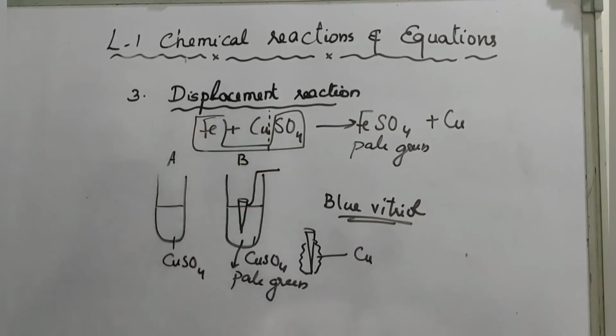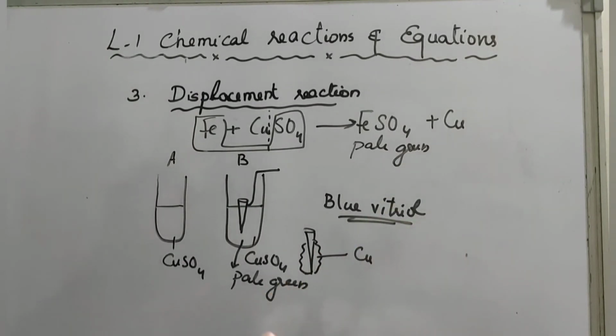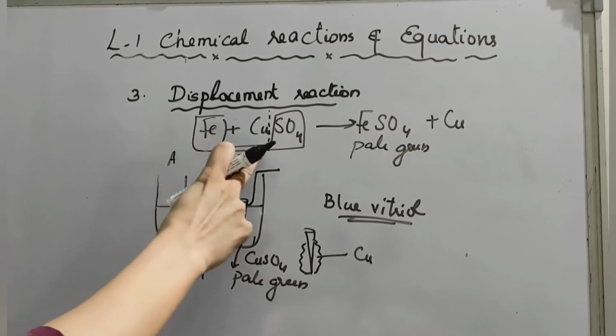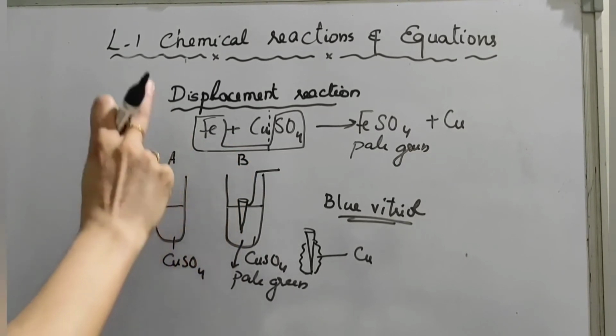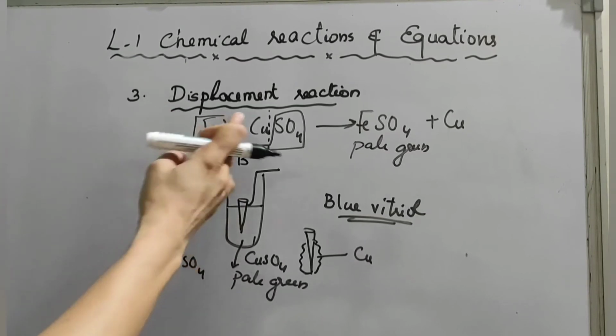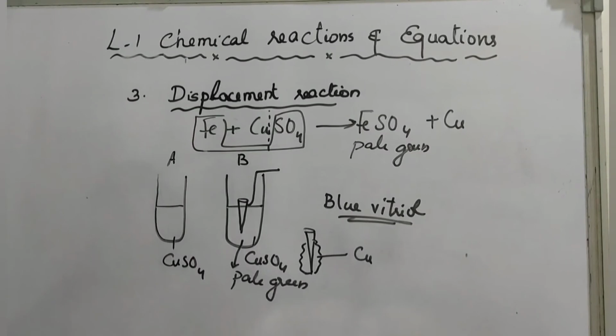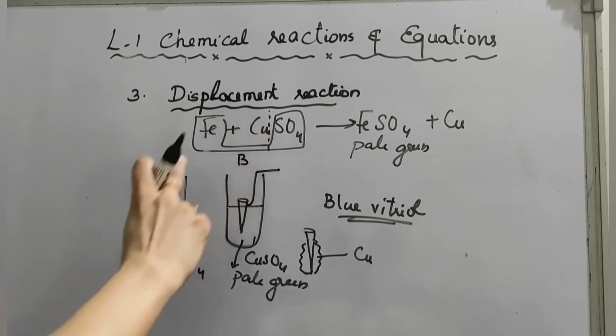We already know the reactivity series: potassium, sodium, calcium, magnesium, aluminium, zinc, iron. Then afterwards only copper comes. So iron is more reactive than copper. How can you define this displacement reaction? A more reactive element displaces the less reactive element from its compound. Here iron is more reactive than copper, so copper is displaced from its compound.